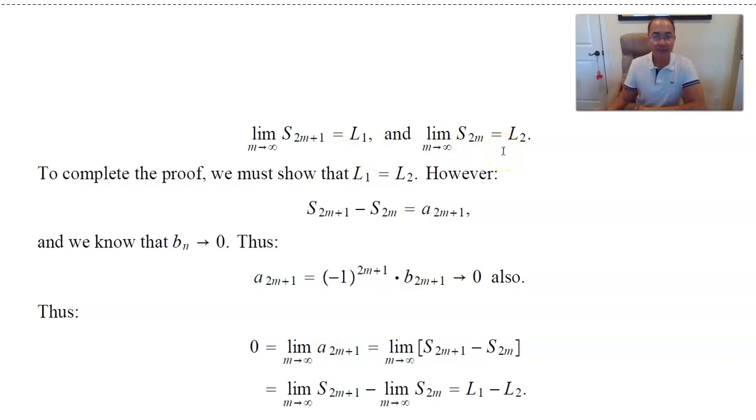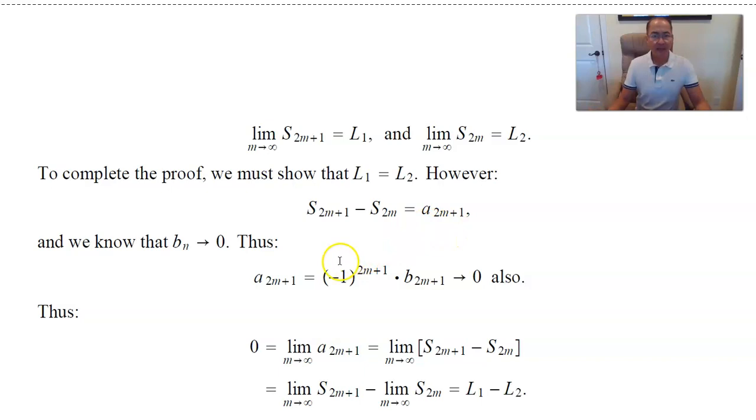How are we going to do that? Well, what is the difference, literally, between the odd partial sum S2n plus 1 and the even partial sum S2n? You are missing term number 2n plus 1. So that is a sub 2n plus 1 as the difference. Okay.